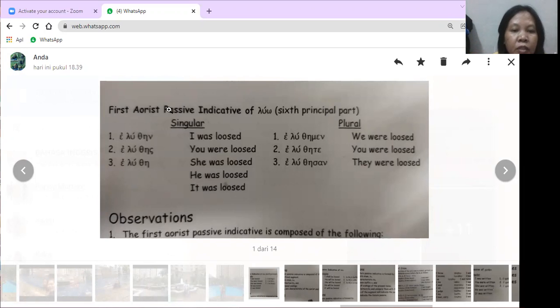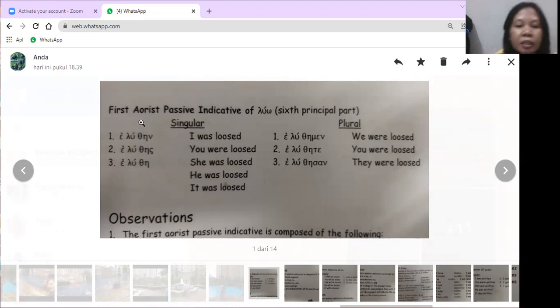For the first aorist passive indicative of luo, for the singular: first singular, second singular, third singular, and first plural, second plural, third plural.